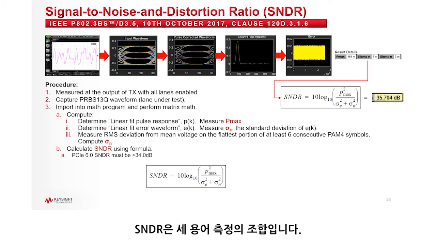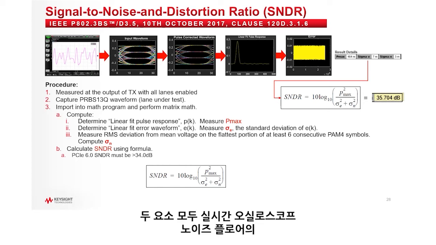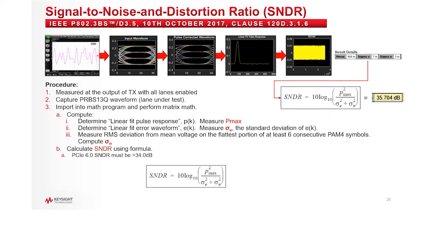SNDR is a combination of measuring three terms. One is Pmax, which is the linear fit pulse response. The other one is sigma E, which is the linear fit error waveform. Neither of these are substantially influenced by the noise floor of the real-time oscilloscope.